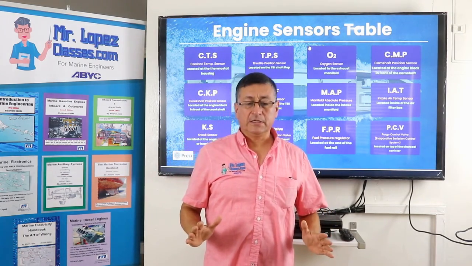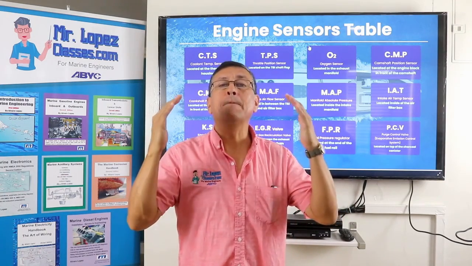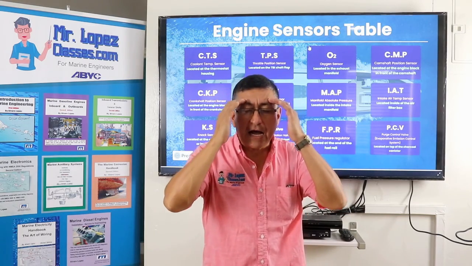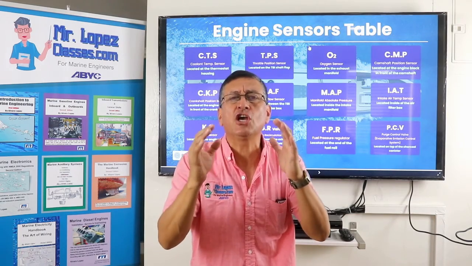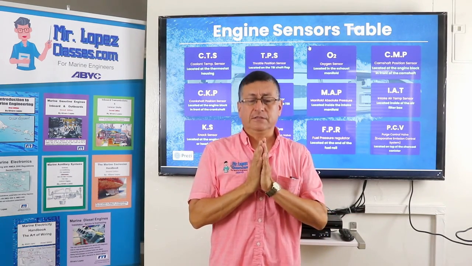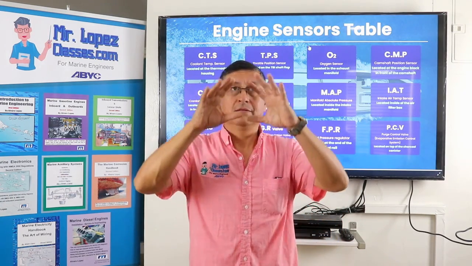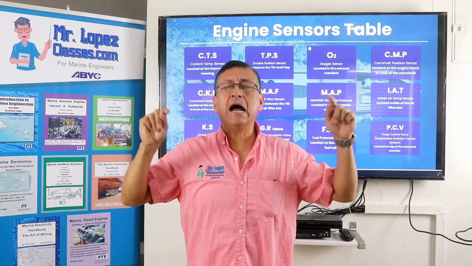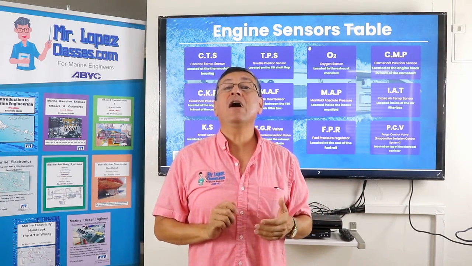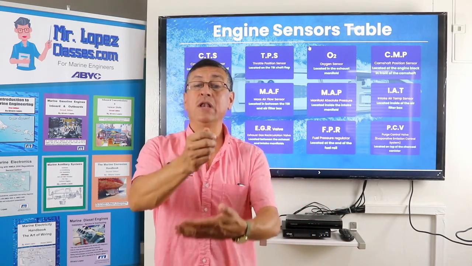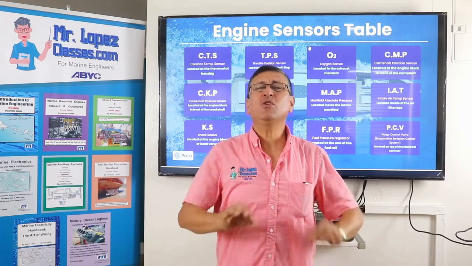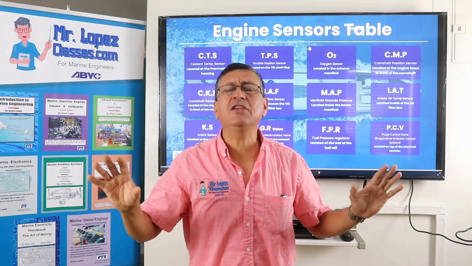For that reason, my friends, I need you to be analytical. I need you to close your eyes, analyze the engine, and try to check all the possibilities for each code. My friends, if you have clear the engine, the harness, the oil sample report, and the coolant sample report, you can solve any problem in the engine.